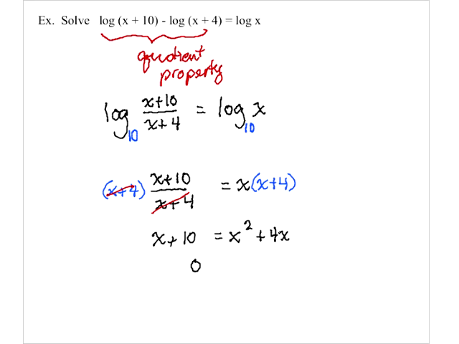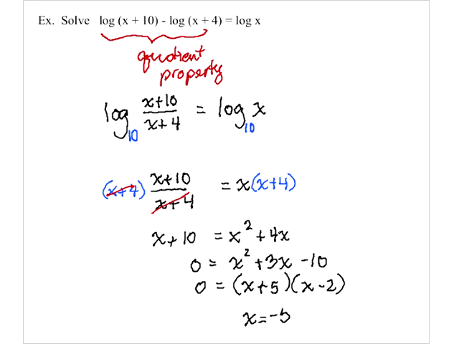So I'll set it equal to 0. When I move the x and the 10 over, I'll have x squared. Because I subtract the x, I'll have 3x. And then I'm going to subtract the 10, so it'll be negative 10. And that does factor, the factors of 10 that make 3 are going to be positive 5 and negative 2.